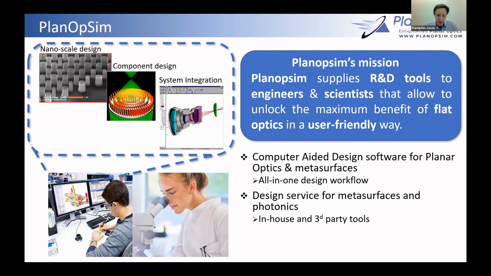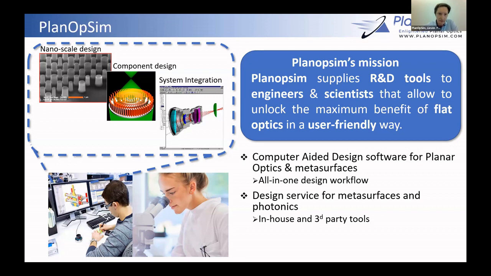And we do this by the computer-aided design software that we have developed, as well as by providing design services to companies and research teams all over the world. Our tool is able to calculate from the sub-wavelength nanoscale onto components of many millions of nanostructures and down to integrating with systems.